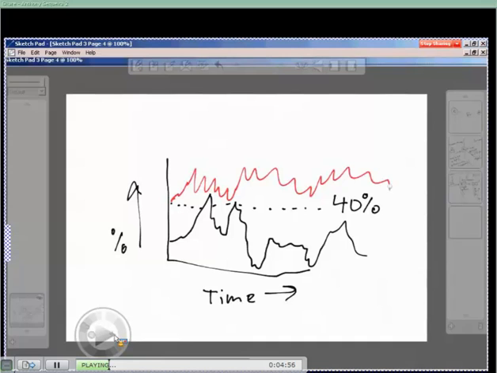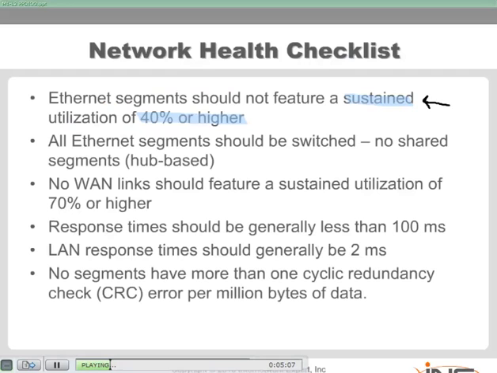Okay? So that's a very, very important word here, that word sustained, as we consider the LAN utilization. LANs, by their very nature, offer very, very high bandwidth, so we shouldn't be at that sustained 40%.